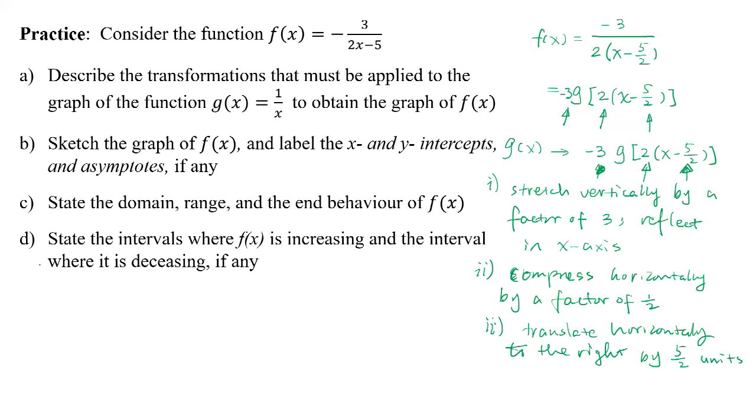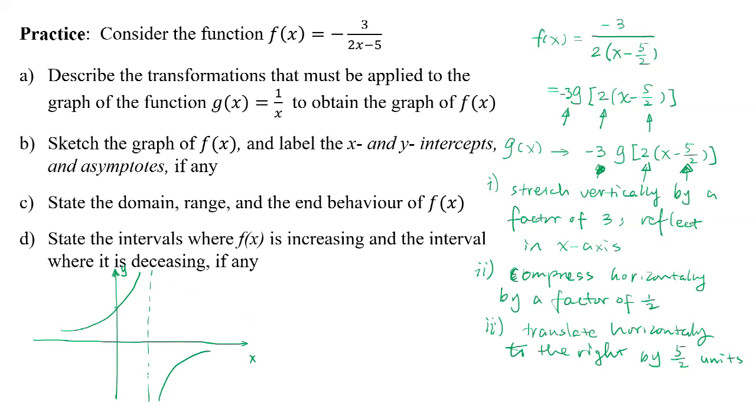Okay, so basically we can sketch the graph of f(x) now. Originally, g(x) has a vertical asymptote on the y-axis. Everything is now moved to the right by 5/2 units, so the new asymptote must be here. Remember that we also did a reflection in the x-axis, so this new function will look like this.